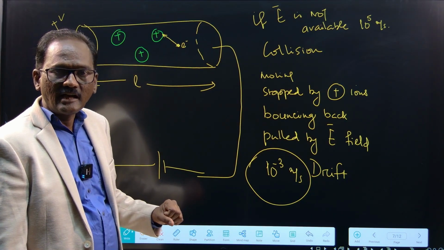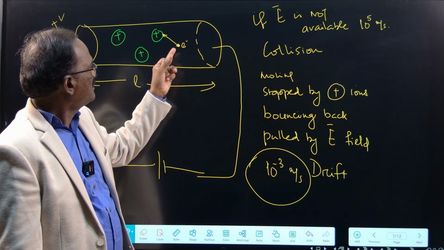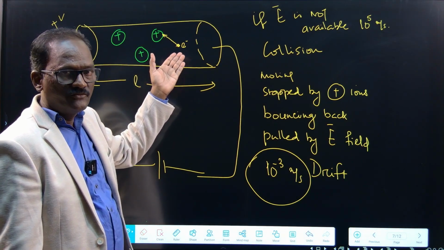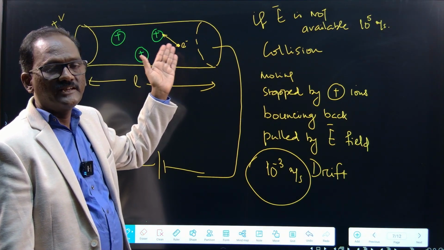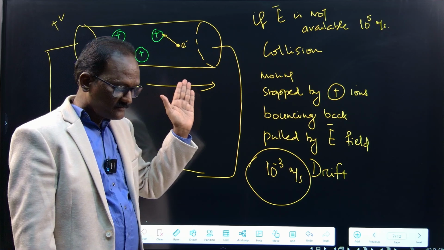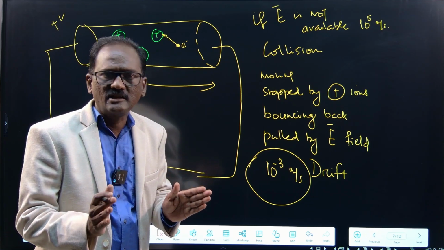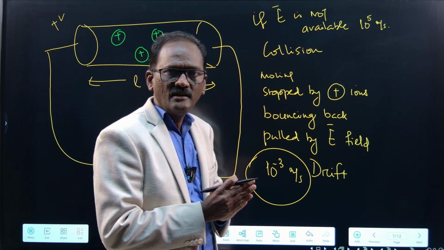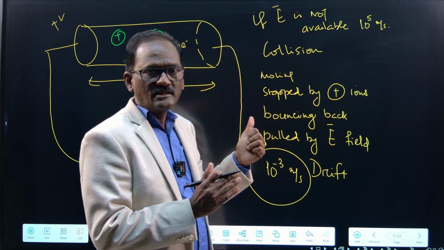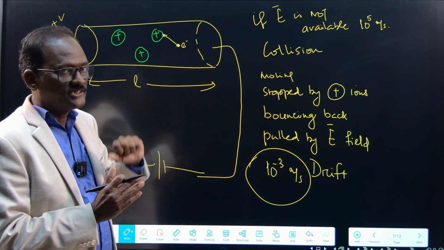People can ask one question. When millions of free electrons are moving, will any collision occur between electron and electron? The collision occurs between an electron and a positive ion.